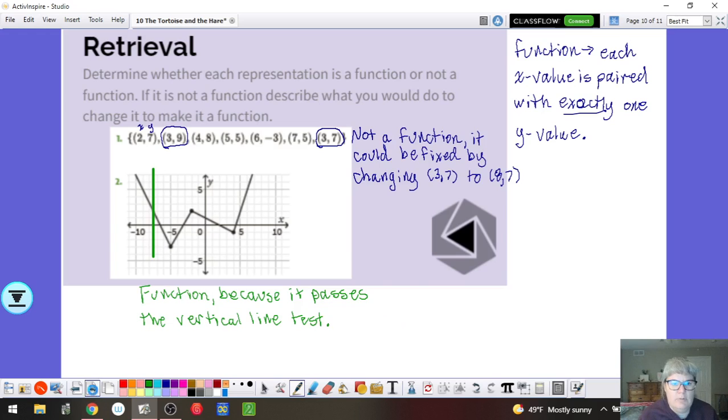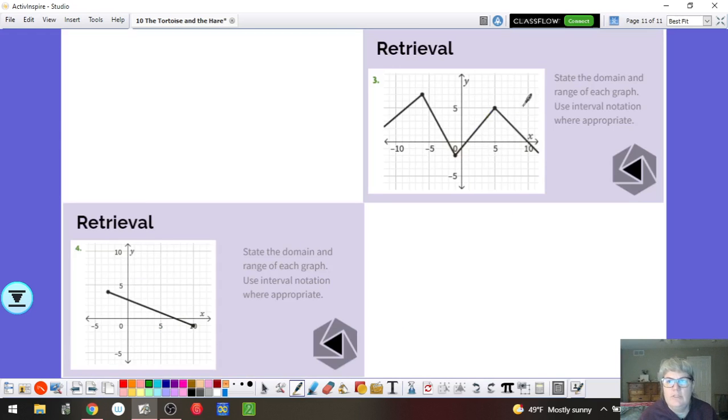The next problems in our review are stating the domain and range of each graph and using interval notation where appropriate. So for graph number 3, we're going to write the domain, which is the x values used, and the range, which are the y values used.